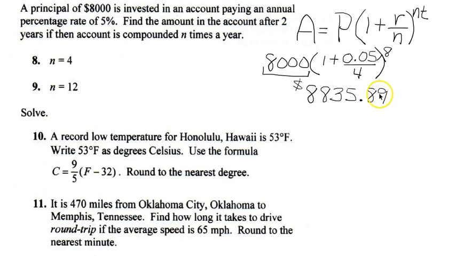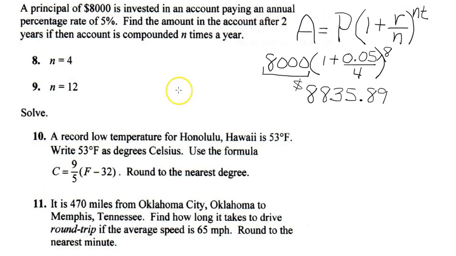Now, of this amount, the original amount was 8,000. So the amount of interest, money that you've earned, is $835.89. Now, I'll leave this there. And now we're just going to put a 12 where the n is. And then 2 times 12, this will become 24.